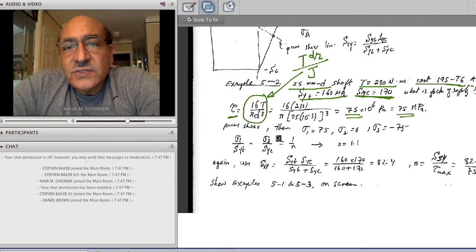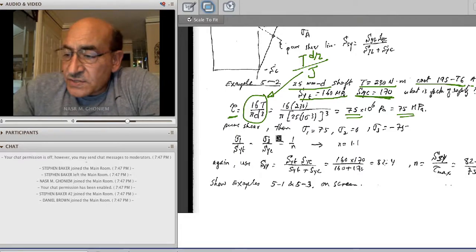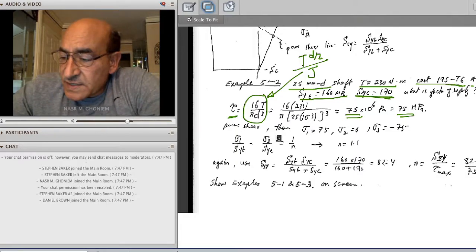The trick here is not to do any transformations. If I have pure shear, this is important knowledge: it is equivalent to a biaxial stress state, where one value is positive and one is negative of the same magnitude. That comes from the Mohr circle transformation, but the end result is this.